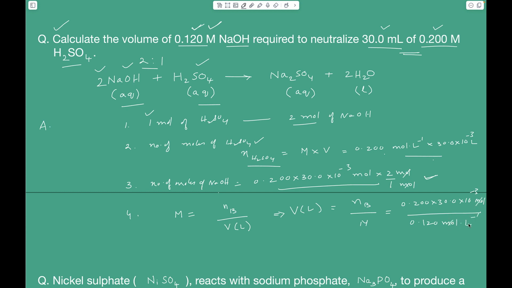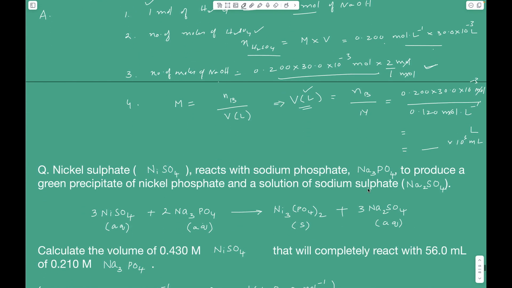These two get cancelled. Liter inverse goes into the numerator, becomes liter, and simplify the rest of the expression to get the volume of the sodium hydroxide solution needed in liters, and you multiply that with 10 to the power of 3 to get its volume in milliliters. Look at another example.